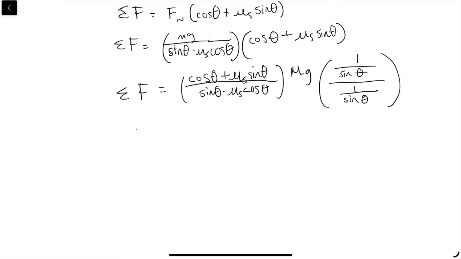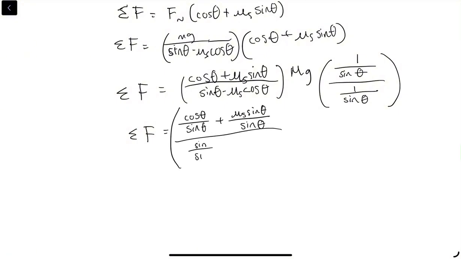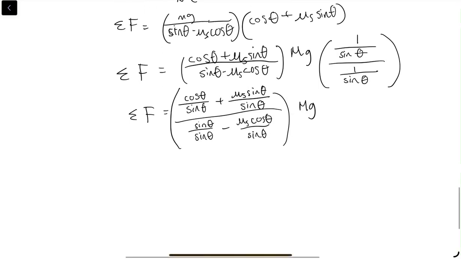That would give us, and then we can simplify those terms. So cosine over sine is cotangent. The sines cancel out, so this is left as mu. And then sines cancel out, so that's left as 1. And then cosine over sine is cotangent.